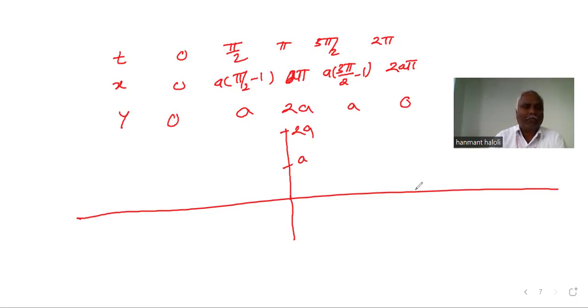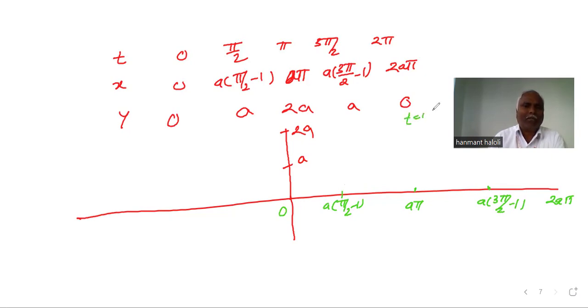Now we take here a pi, then here a into 3 pi by 2 minus 1, 2a pi, and here a into pi by 2 minus 1 and 0. One side of the curve.